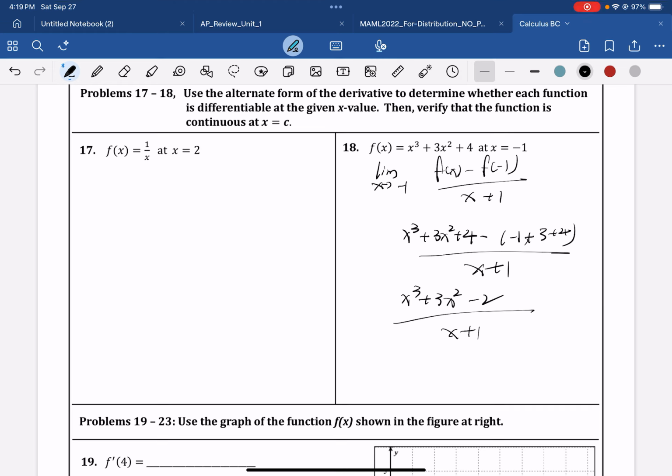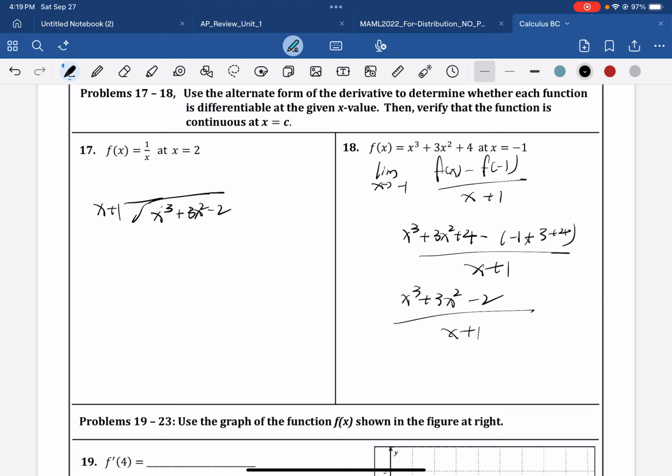From here, many people would say it's hard to solve or hard to factor. So what can we do? If you're not sure whether this function is factorable, we just do long division. We put the numerator, x cubed plus 3x squared minus 2, divided by x plus 1.